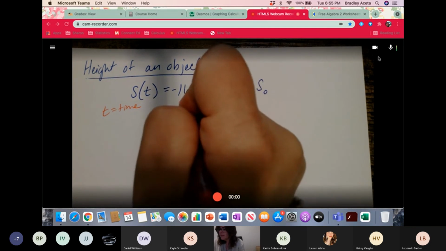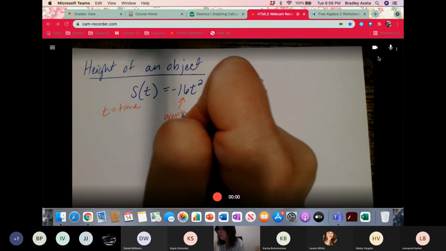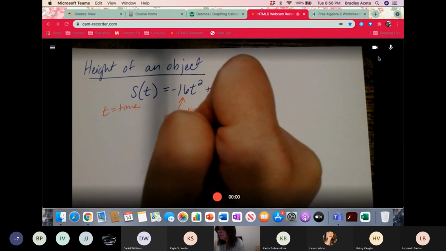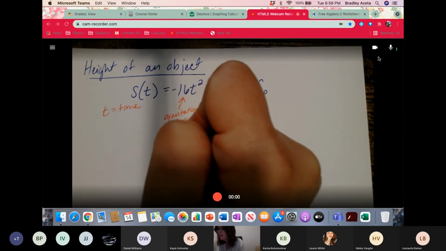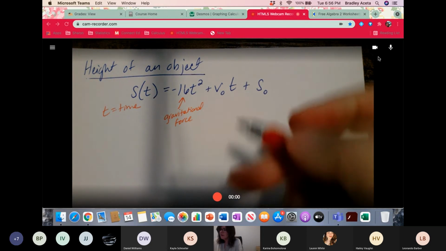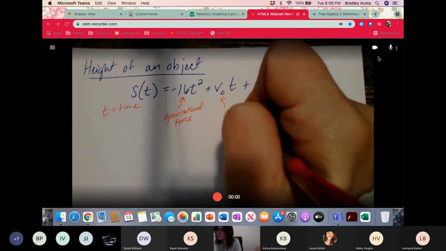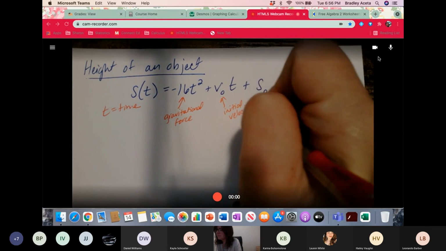This is your gravitational force, and this is in feet per second. If we were doing meters, we would have to change that gravitational force to meters. This v sub 0 is your initial velocity.